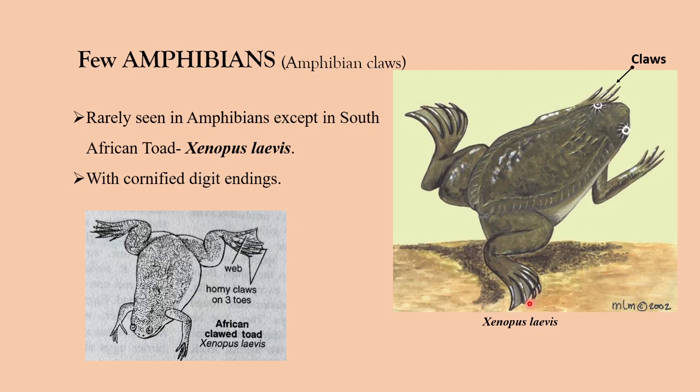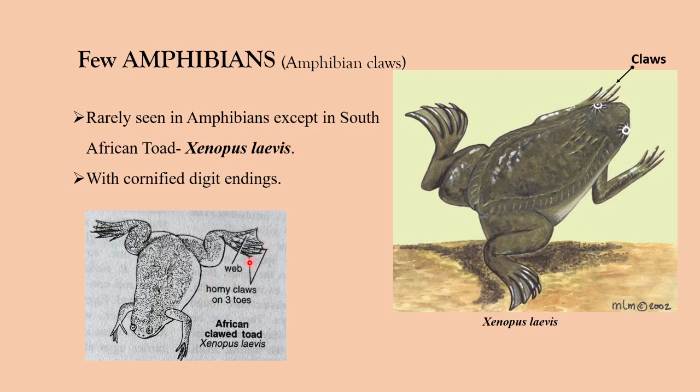You can see it in the diagram as well as in the picture. Please note here that claws are not typically seen in amphibians. Xenopus laevis is the only exception. This South African toad has webbed feet and horny claws on 3 toes.